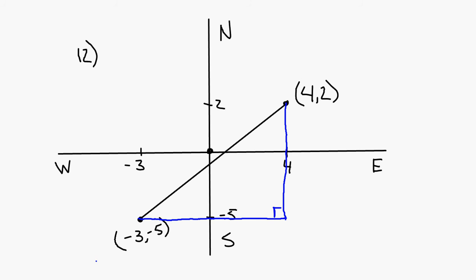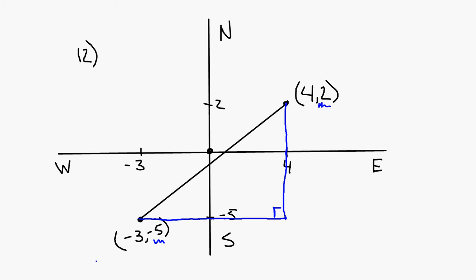Alright, what's this vertical change? The y's go from 2 to -5. Vertical change from 2 to -5. How far is it from 2 to -5? How far is it from 2 to 0? 2. How far is it from 0 to -5? 5.